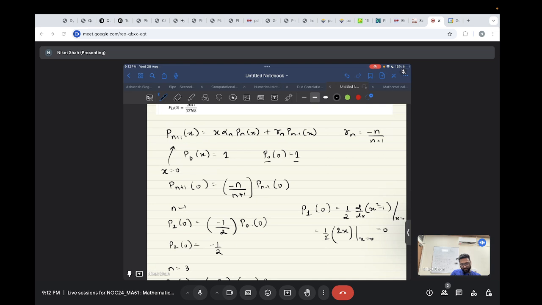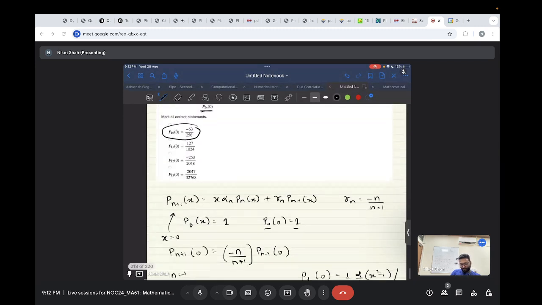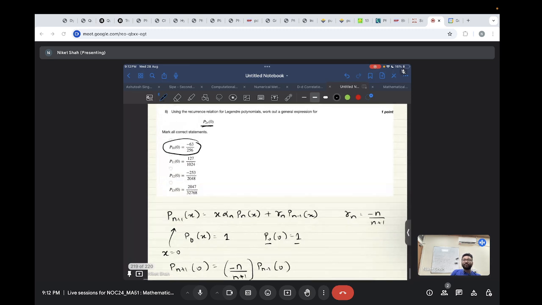So P1 of 0 is equal to 0. Then accordingly your recurrence relations for odd P's are going to be 0, and that's what you end up getting.